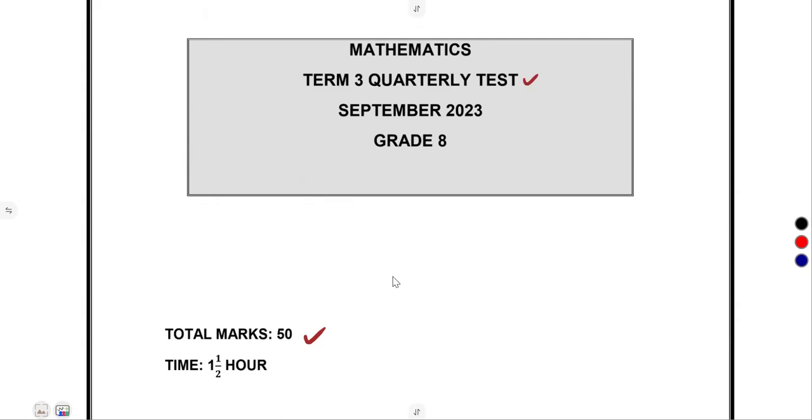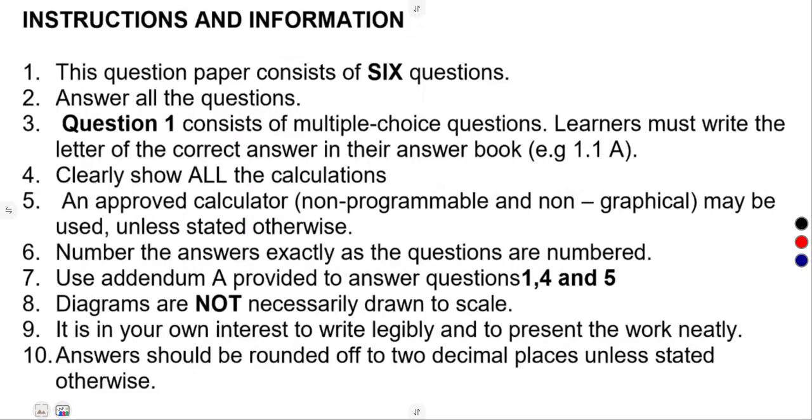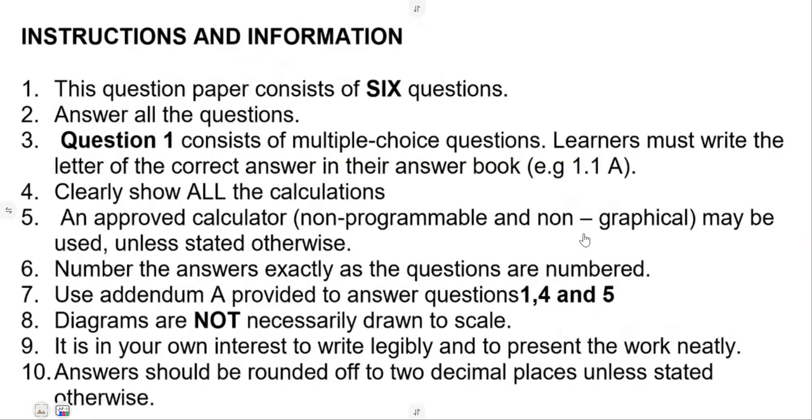Okay, and make sure you just go through the instructions and information that you're given. As we can see, this question paper consists of 6 questions. Answer all of the questions that you're given. Make sure that you go through each and every instruction, and also answers should be rounded off to 2 decimal places unless stated otherwise.